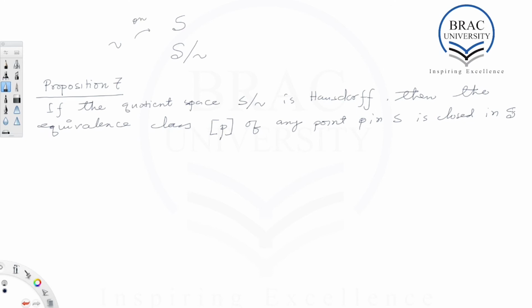This at the same time designates a point in the quotient space and also a set in the original space S. And this has to be closed in S. By this we mean the set of all elements in S that are equivalent to each other, and that set has to be closed in S. That's what the proposition states. So let's prove it. Proof.